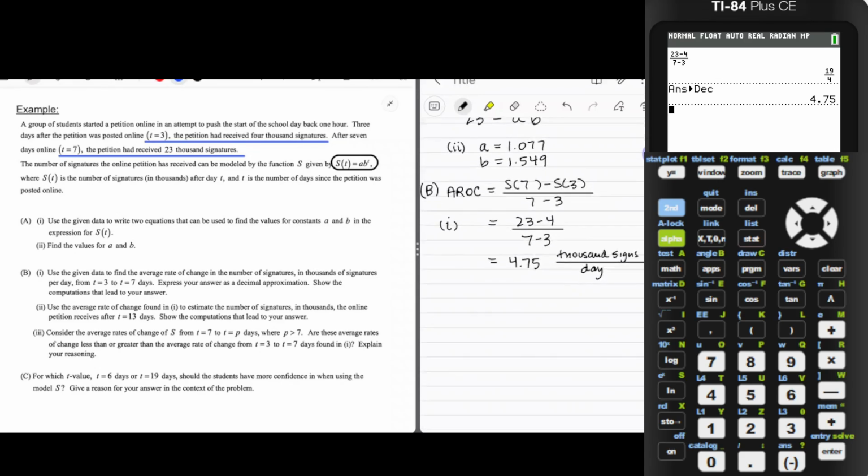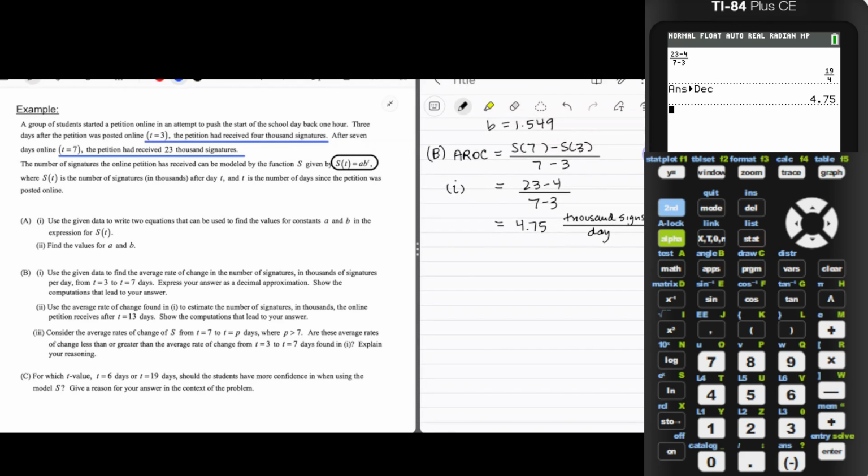Okay, B2 is going to be, what is going to happen with B2? Use the average rate of change found in part 1 to estimate the number of signatures in thousands at time t equals 13 days. So what I'm going to do is start off at t equals 7. To give you a picture of what's going on here, we know that t equals 3 and t equals 7. We kind of fit an exponential curve in there.